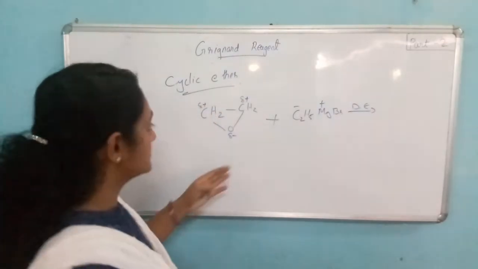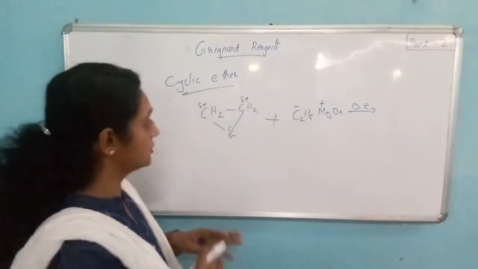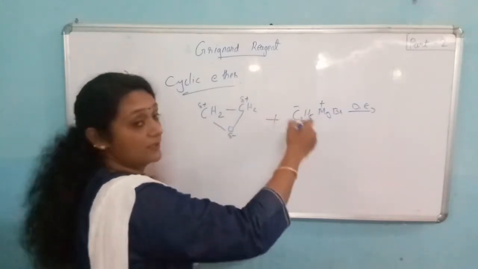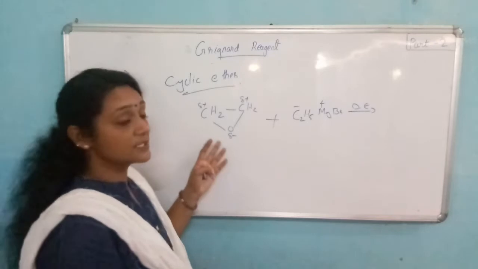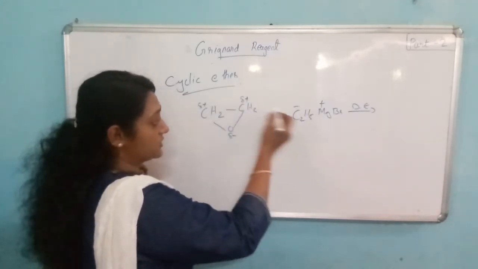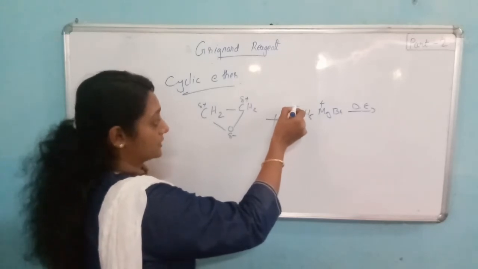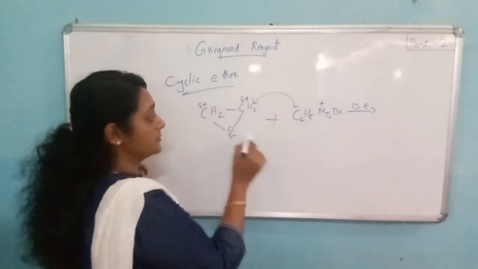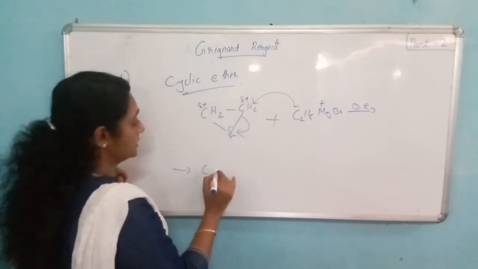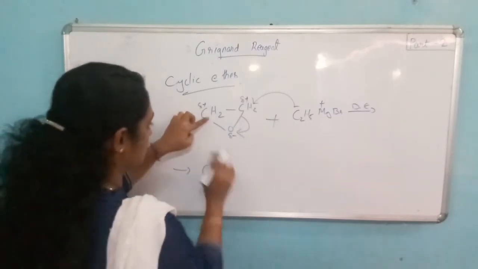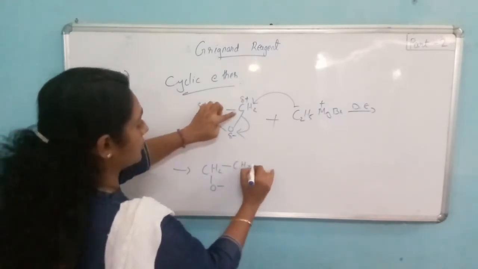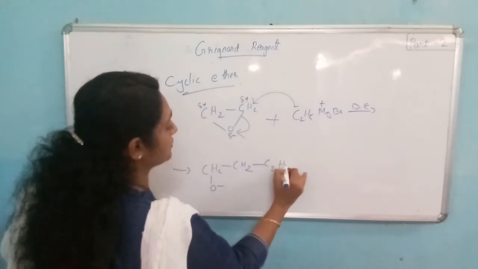Since this is a symmetrical cyclic ether, it does not matter where the C2H5 gets added. C2H5 comes and attacks on either of the carbon atoms and this bond shifts to oxygen, and we get the product CH2 O minus, then CH2 and this C2H5.